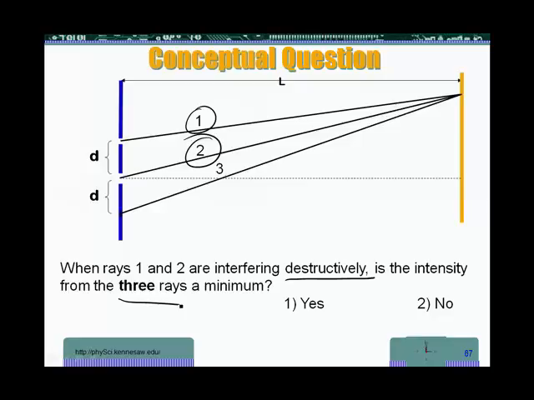Are we going to have a minimum? When a trough and a crest add up destructively, we have 0 there. But the third is going to be left alone and not cancelled, meaning I'm not going to have a minimum. I'm going to have some light from the third that's going to remain there.